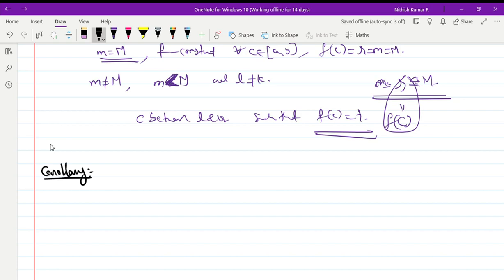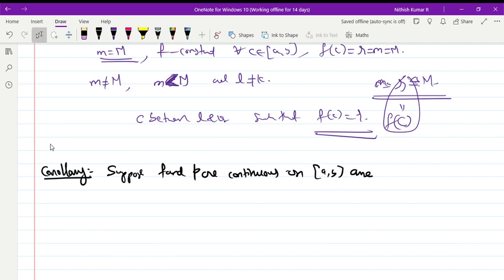Suppose f and p are continuous on the closed interval [a, b], and p of x is greater than 0 for all x in [a, b].